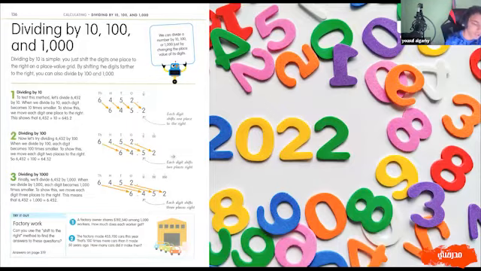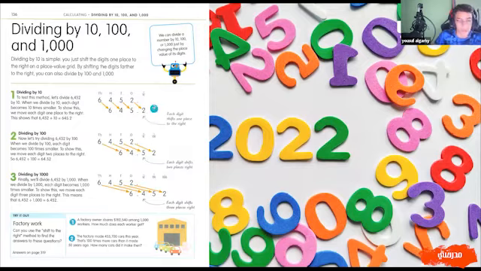So with 2 zeros, we would move 2 times to the left, okay? So we take the decimal point and we would go 1, 2. All right, so the number would become 64.52.